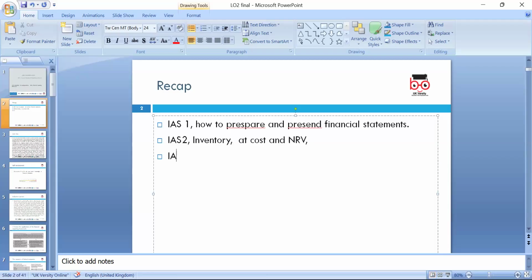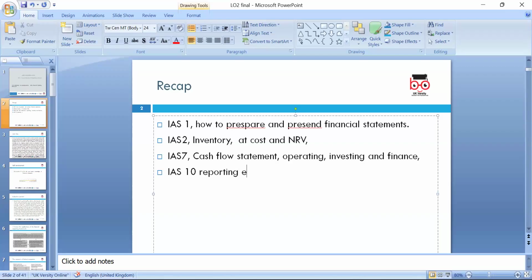We discussed IAS 7, International Accounting Standard 7, which is about cash flow. The cash flow statement: we discussed operating, investing, and financing activities. We had a discussion on IAS 10 about reporting events, the adjustment within financial statements.